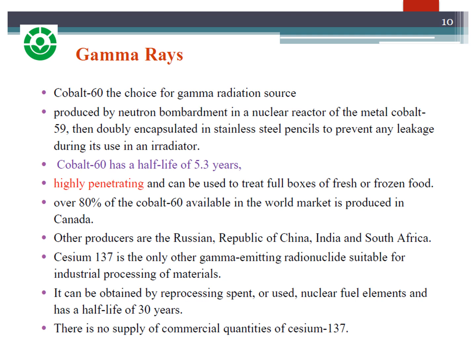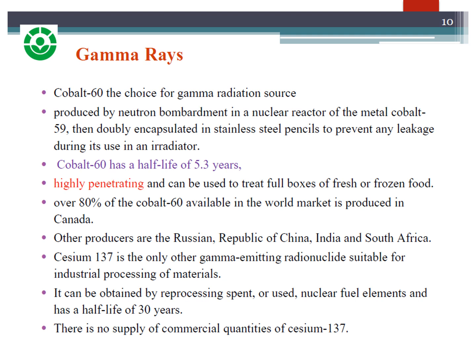Cobalt 60 has a half-life of 5.3 years. These are highly penetrating and can be used to treat full boxes of fresh or frozen food. Over 80% of the cobalt 60 available in the world market is produced in Canada. Other producers are the Russian Republic, China, India and South Africa.